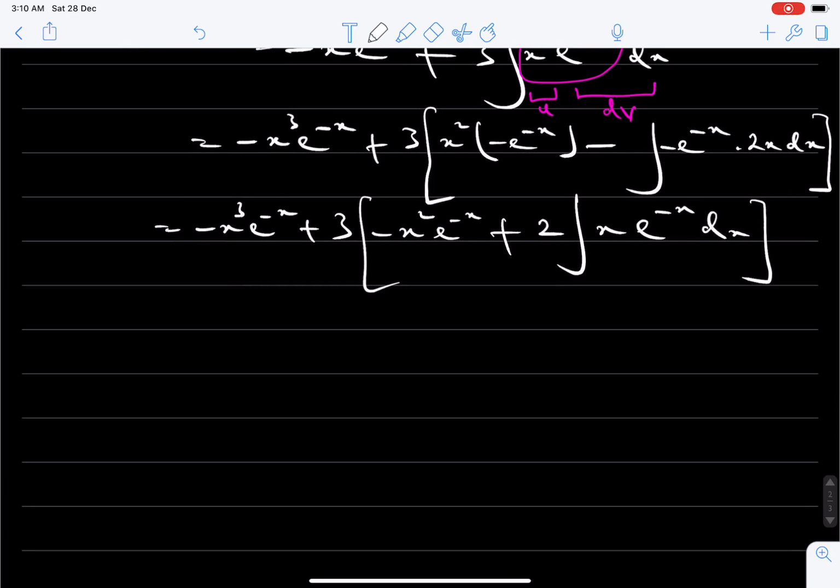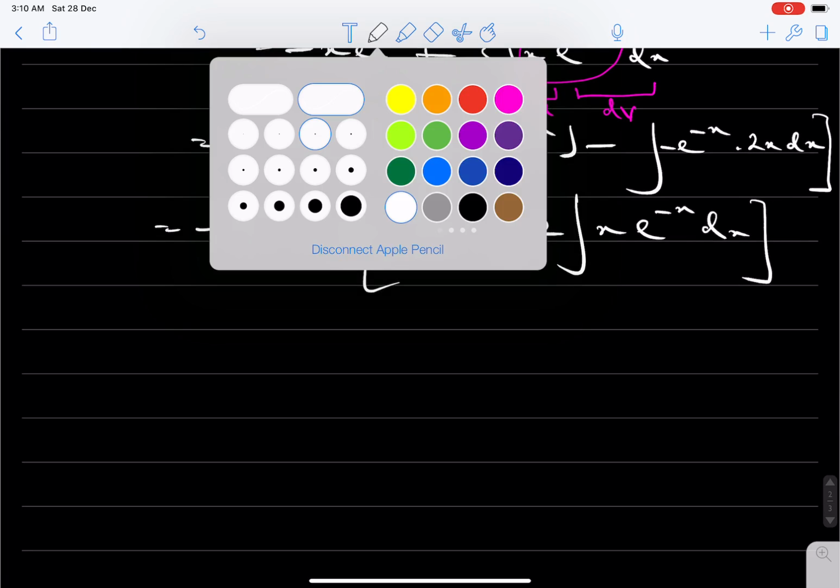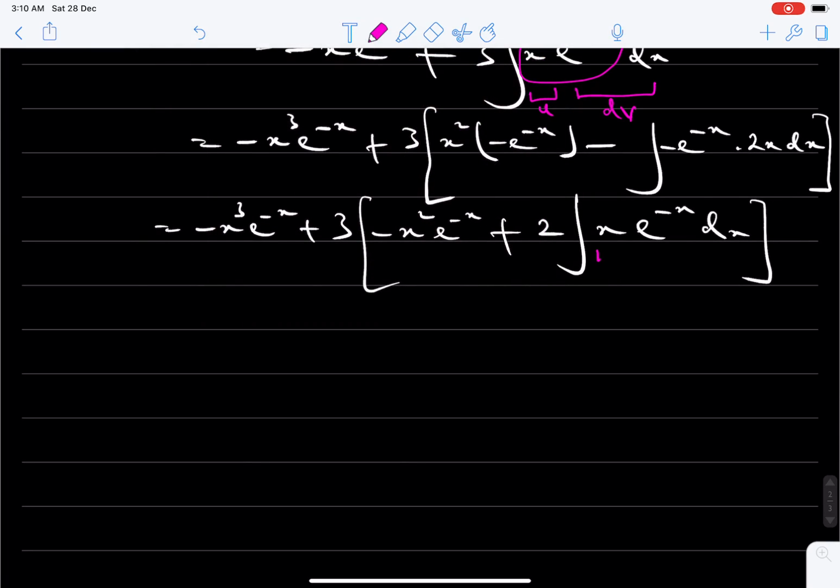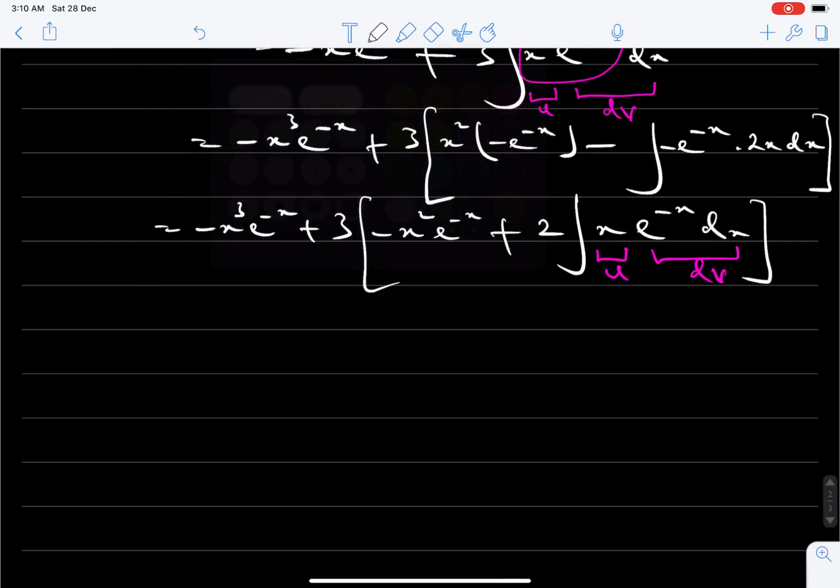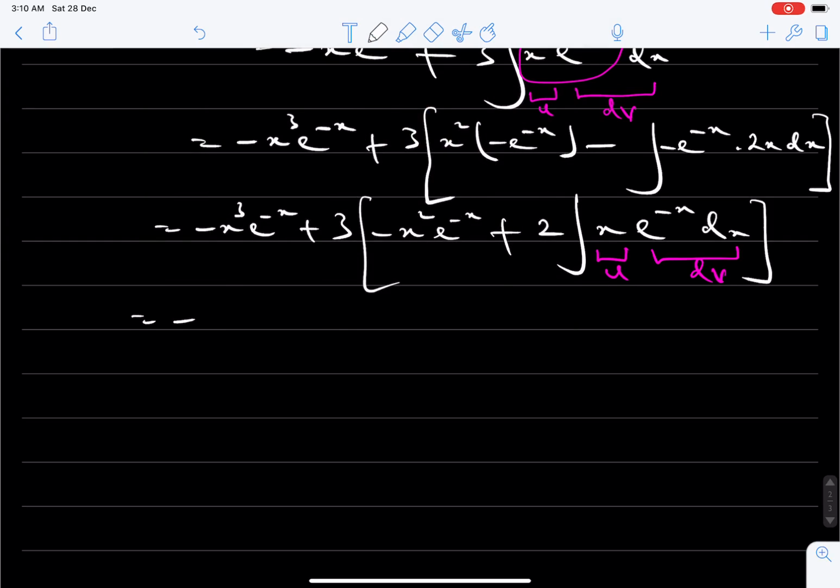Now, there we go again. This is another product of two functions. This is u and this is dv. So I do that again by the method of integration by parts.